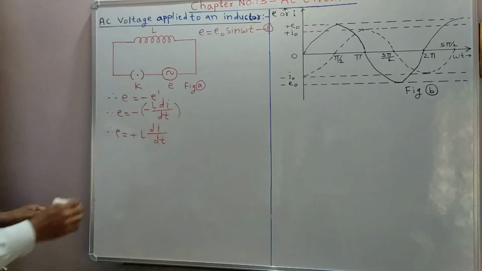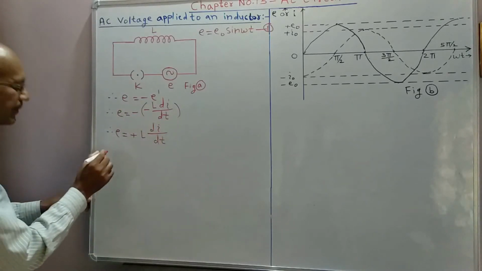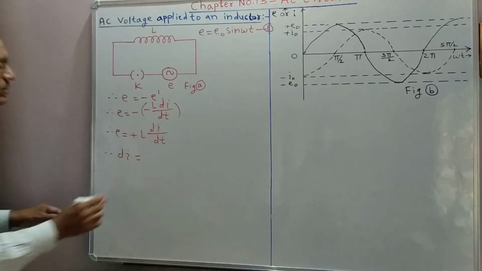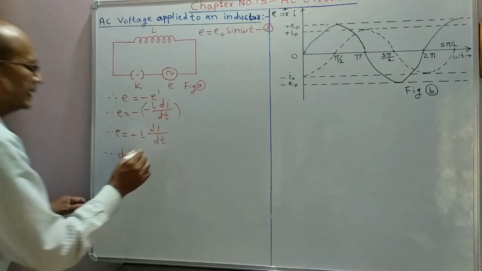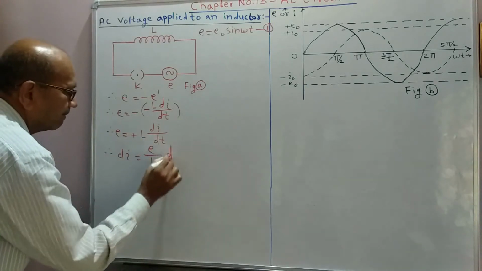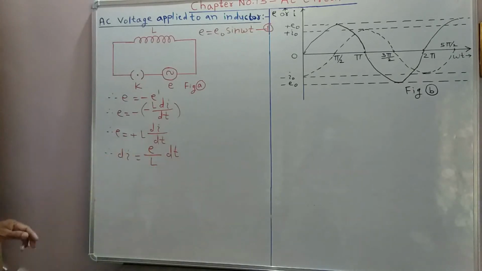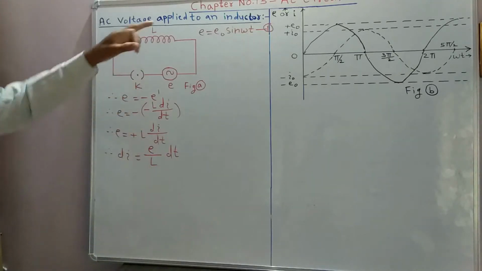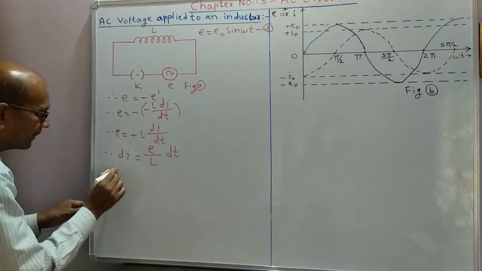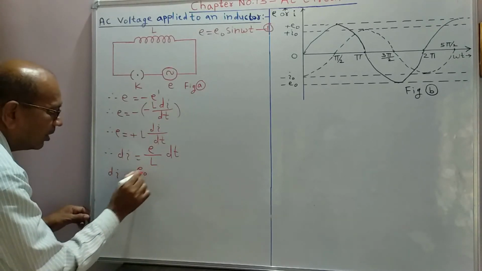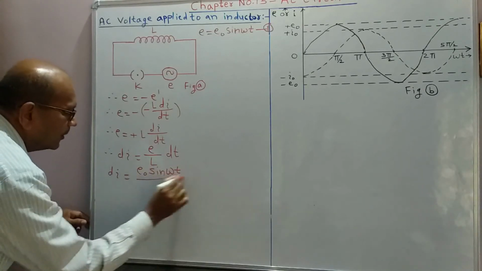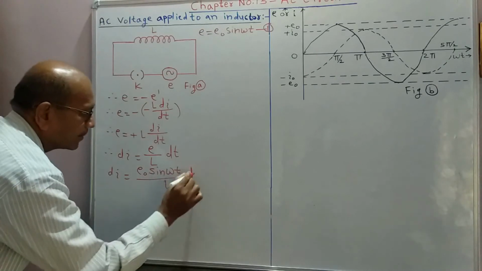Now rearranging the terms, we get di is equal to E upon L dt. Now substituting the value of E from equation number 1, we get di equal to E naught sine omega t upon L dt.